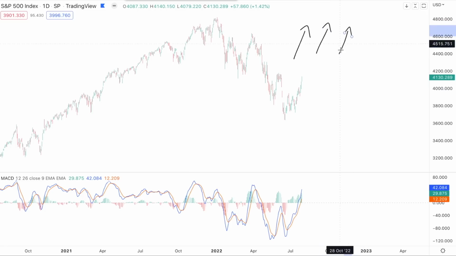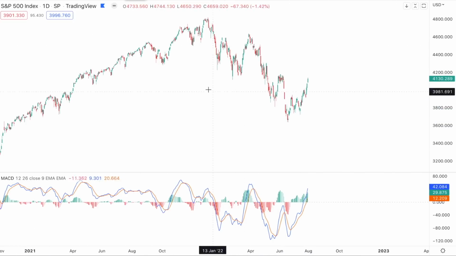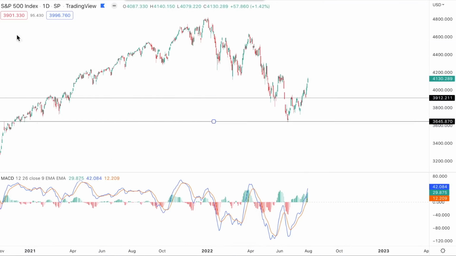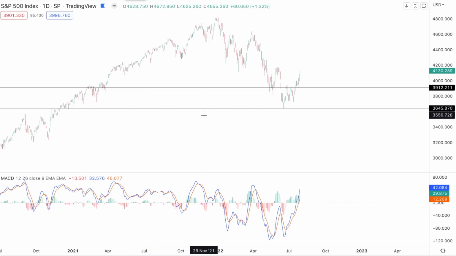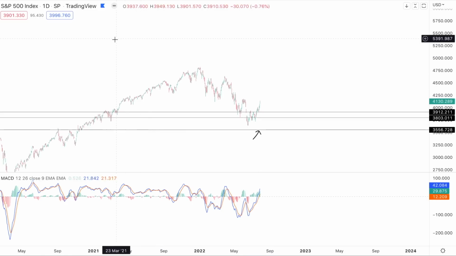So you would see this move get retraced, and instead of a V-shaped recovery, which is what the market seems to be doing right now, you would see a bottoming process start to develop. And these are the targets that we're looking at for that bottoming process, which we believe would be extremely favorable entries if we do see those levels again.